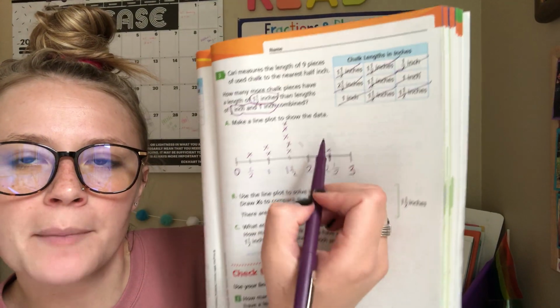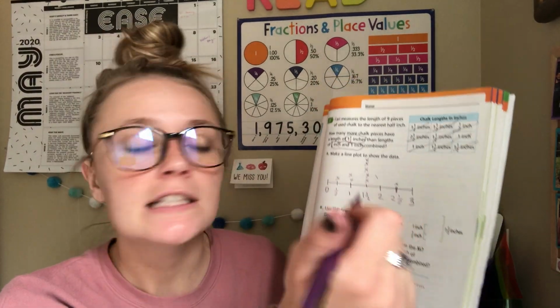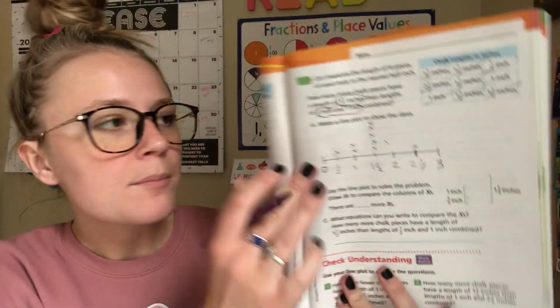So crossing it off, I make sure that I am marking it accurately and not missing anything. Okay, so now I have my line plot.